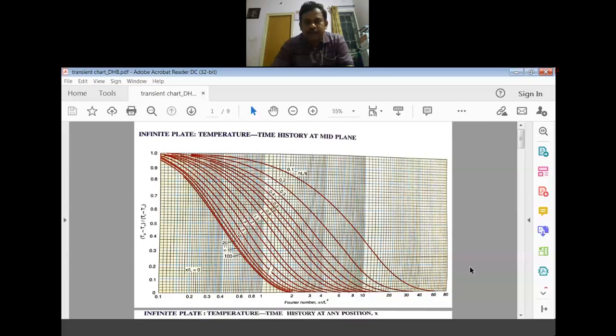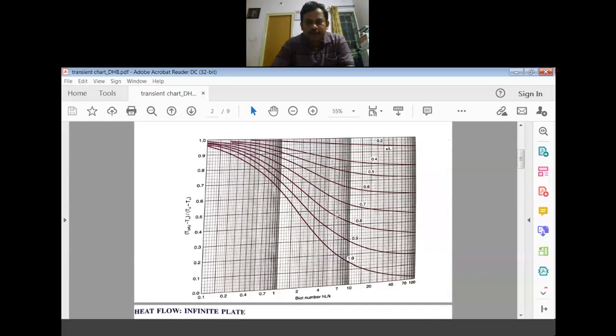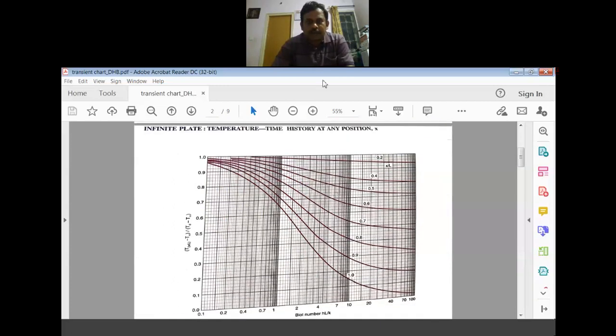Okay, now it has come. 0.6, that is x by L, the 0.6 curve is this, and the Biot number is 0.2, that is this. Where these two lines meet, around 0.98 it is going to come.